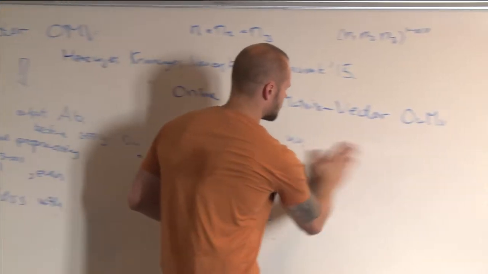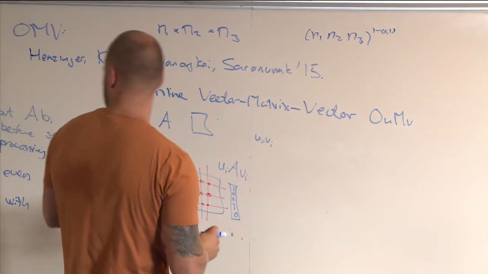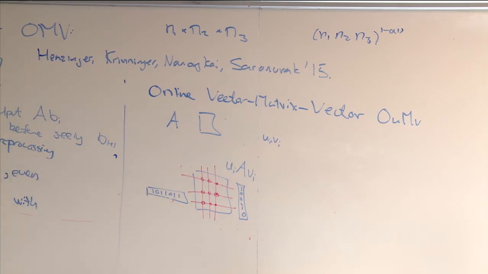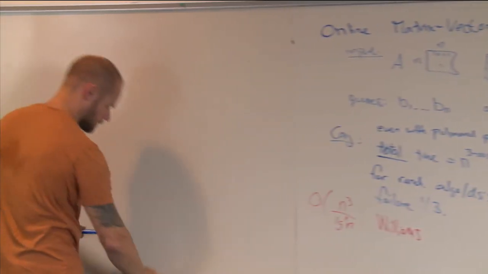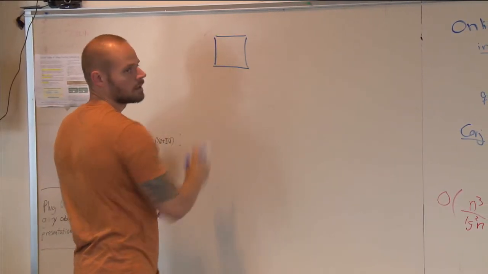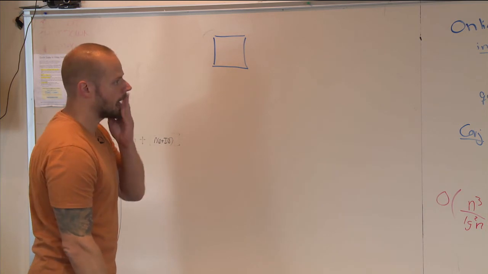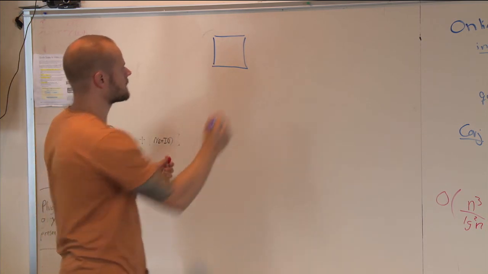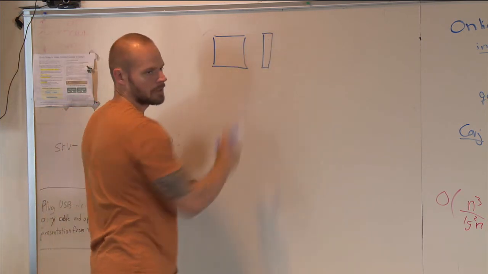So how are we going to do this? Maybe let me erase over here. I have my matrix, and now I want to answer these matrix vector queries on it.